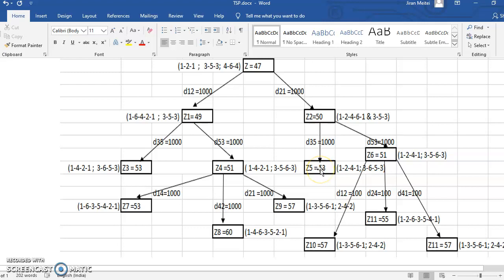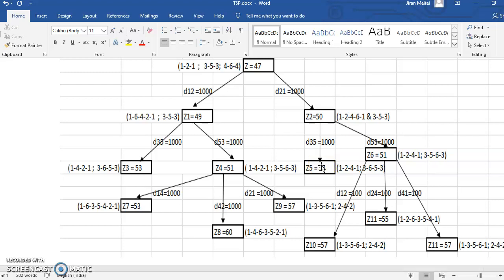And this is the solution. 53 with these subtours, and for this subproblem 51 with these subtours. Now we have subproblems 3, 4, 5 and 6 without complete tours. So all these four subproblems cannot be solutions to the TSP.